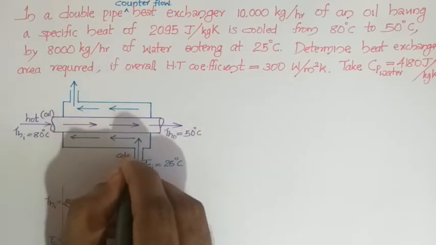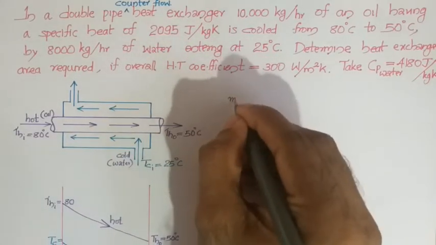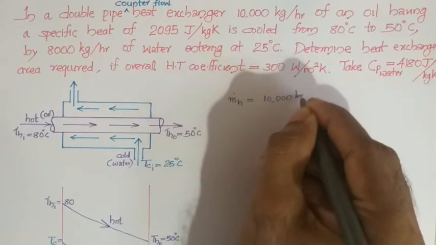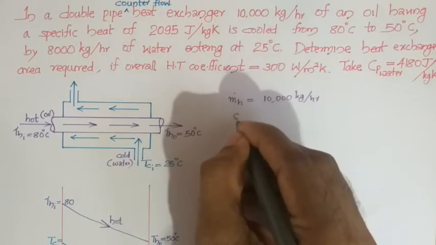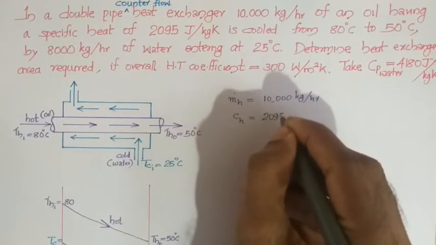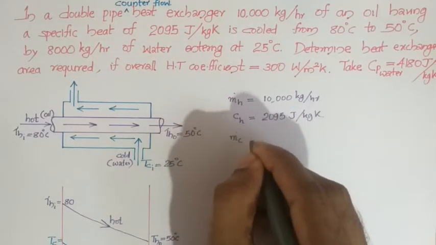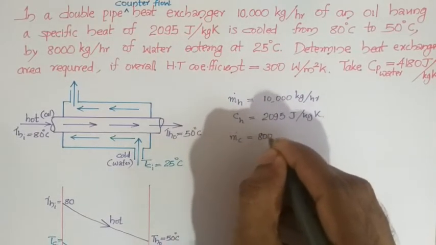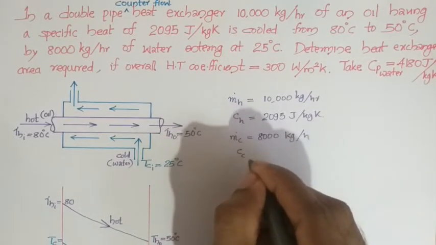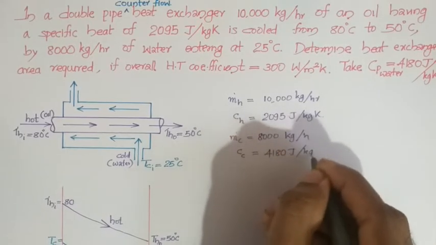Here the mass flow rate of hot fluid, m dot h, is 10,000 kilogram per hour, and the specific heat capacity of oil is 2095 joules per kilogram Kelvin. The mass flow rate of cold fluid is 8,000 kilogram per hour, and the specific heat capacity of water is 4180 joules per kilogram Kelvin.